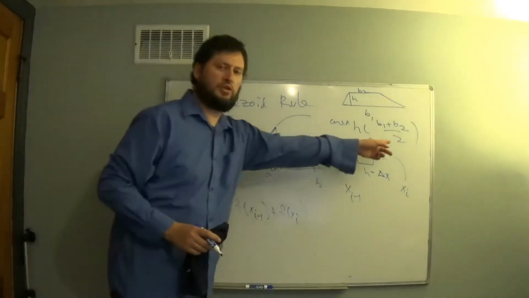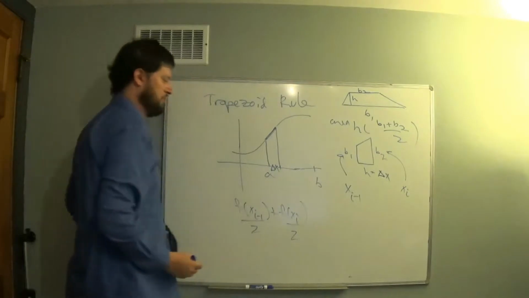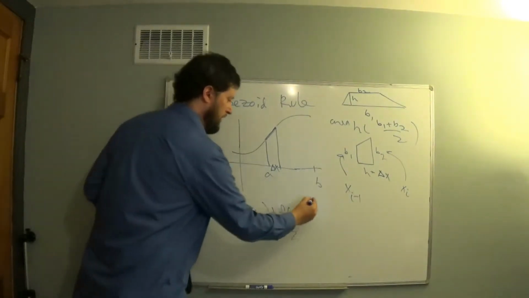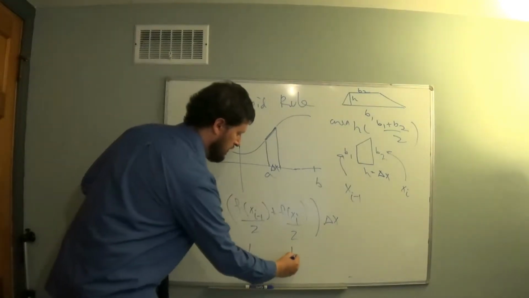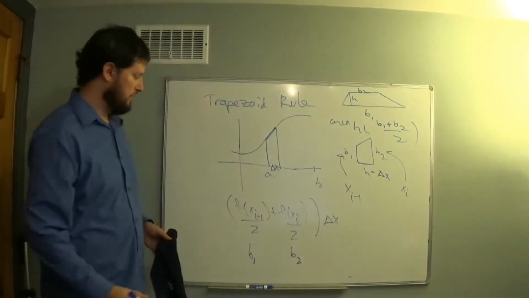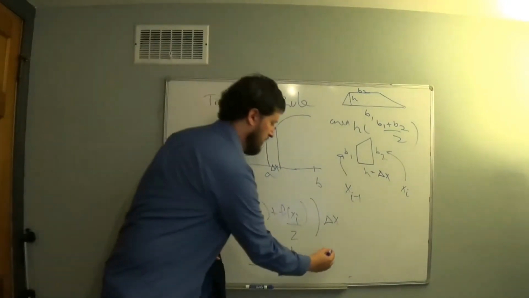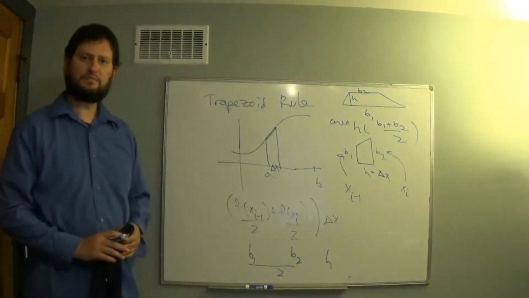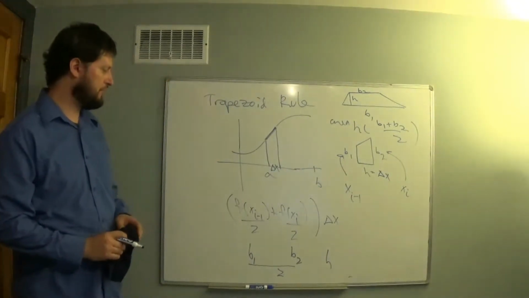I'm going to actually write that as divided by 2 separately, and we'll see why in a second. Then all multiplied by delta x. So that's b1, that's b2, and then all over 2, and then that's the height. So this is just one of the trapezoids.